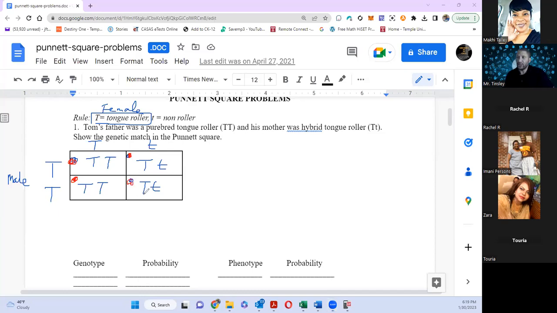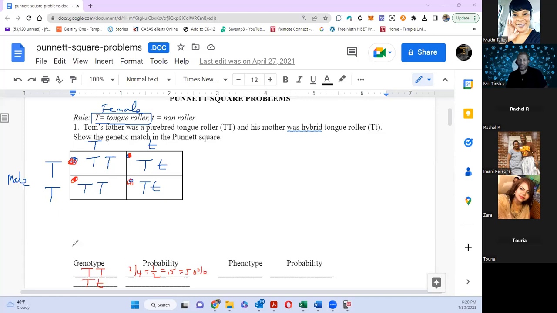Now, two things you've got to understand. The genotype is the genes. What that means is you've got two options here. You've got a capital T and a capital T, and you've got a capital T and a lowercase t. So the probability of the genotype being two dominant genes is 2 out of 4, or 1/2, or 0.5, or 50%.